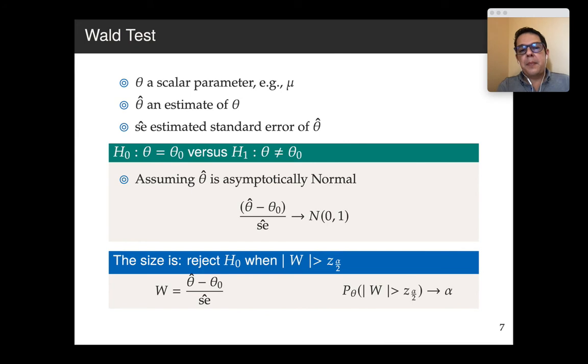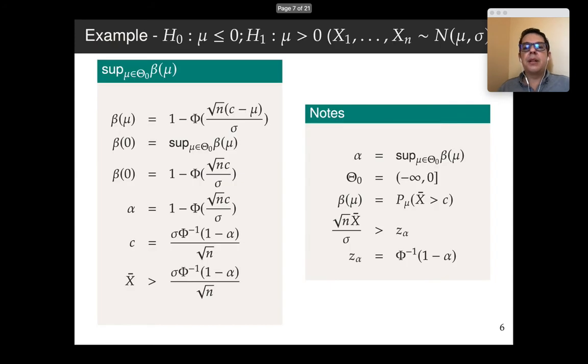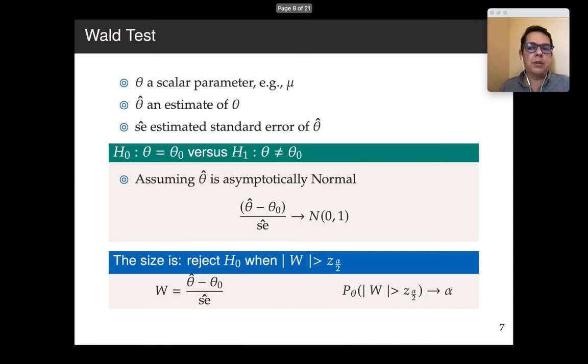Another test. This is a test that can be more useful, because in the previous one we are assuming that sigma is a parameter that we know. Normally we don't know sigma, the standard deviation. So in the Wald test, you have theta, which is a scalar parameter, could be the mu.